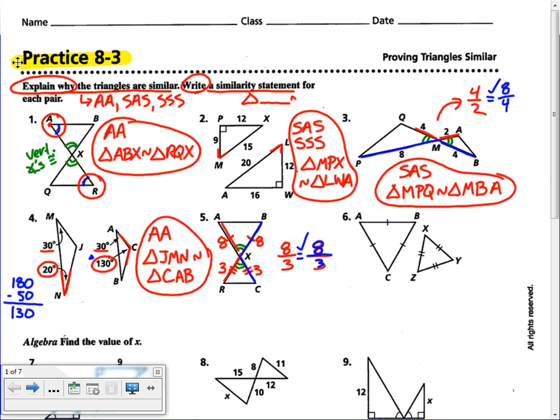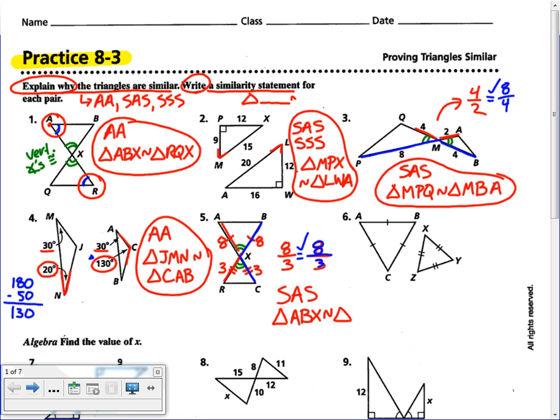And I make the mental note that even if I had made the sides that I labeled 8 any other number, like 10 and 10 or 12 and 12, and then made the bottom two numbers anything other than 3, like 2 and 2 or 5 and 5, it would always produce a proportion that would work. So that's good news for me. So my answer is it is SAS, and it's triangle ABX. Alphabetical order.